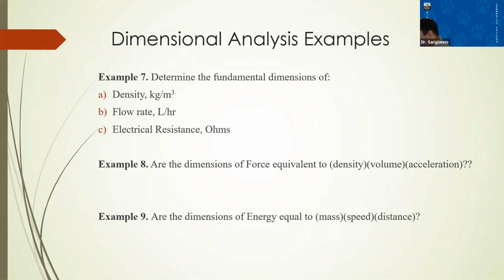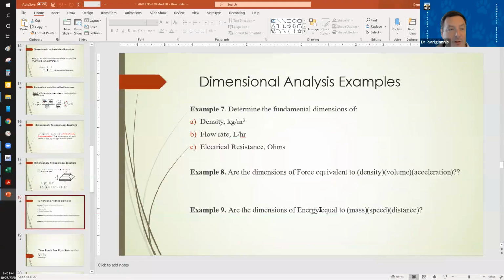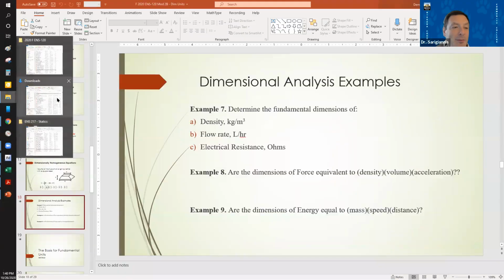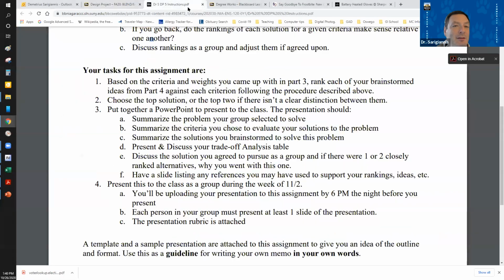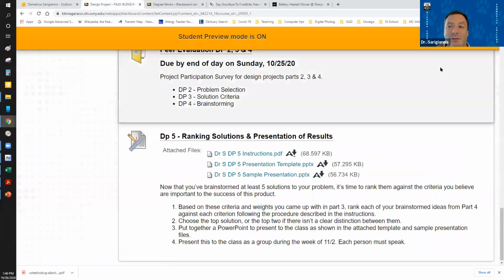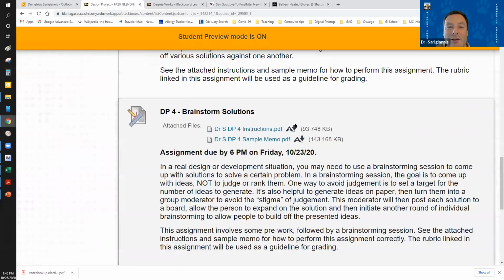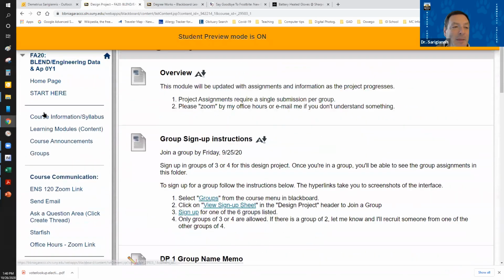Dimensional analysis. We want to determine fundamental dimensions of some of these. Let me find my PowerPoint. Oh, yeah, it's up in the learning module.